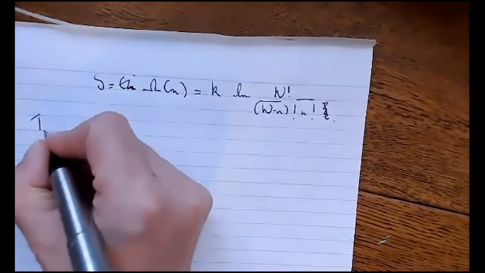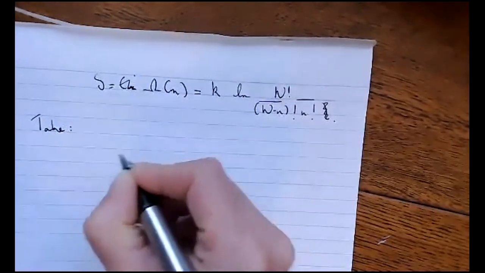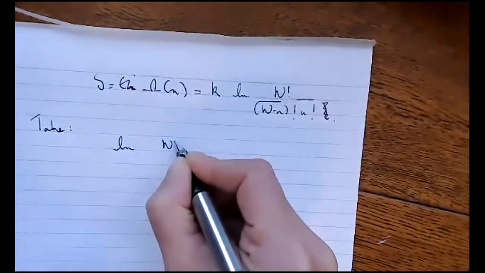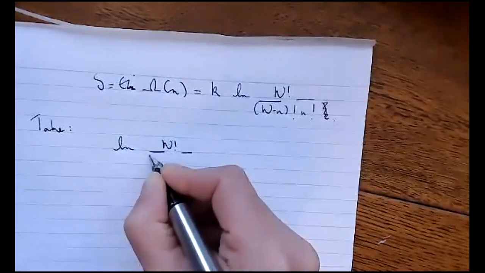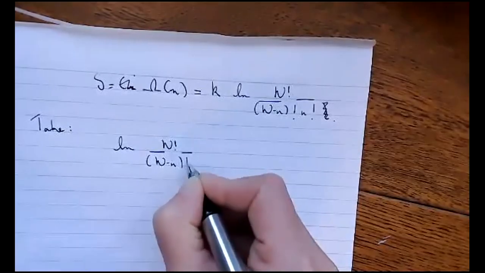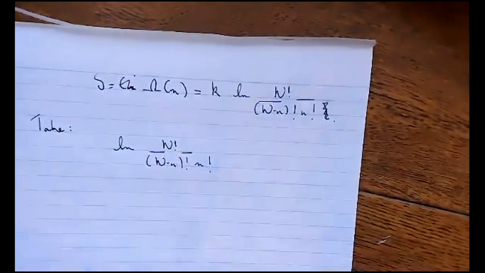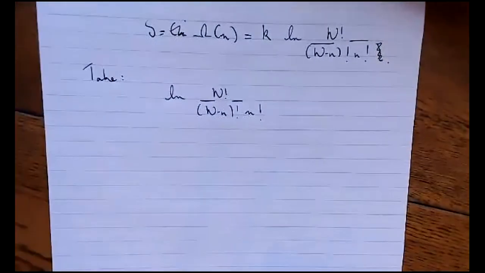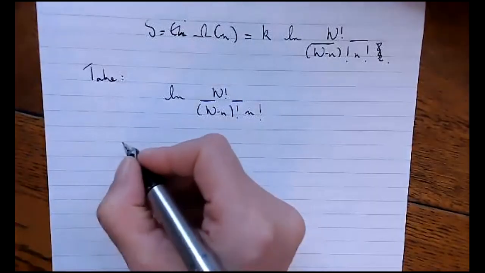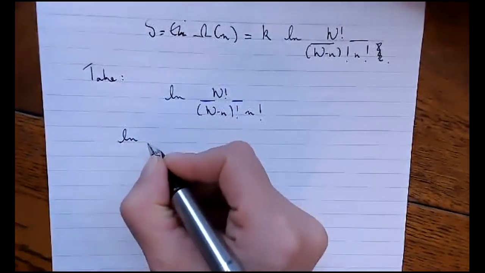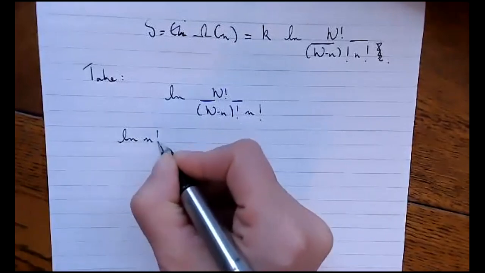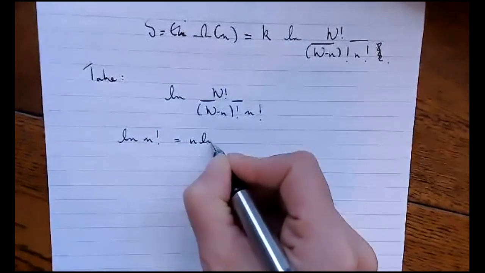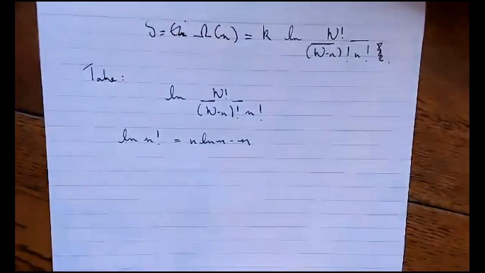So let's take ln of big N factorial, and use Stirling's formula. So ln n factorial equals n ln n minus n.